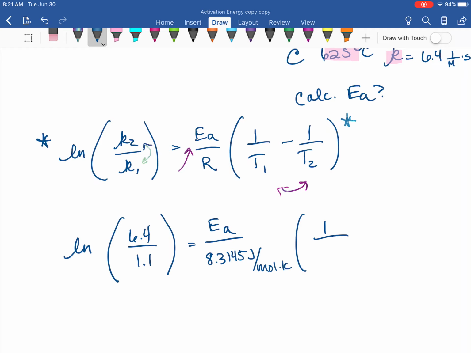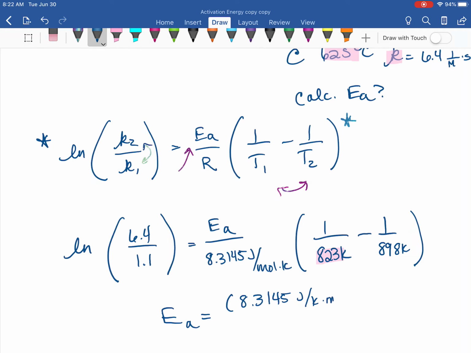Okay, no, wait a second. Can I just put 550? No. You have to convert to Kelvin. Remember, we had to do that in our data set. Okay. Holy cow. All right, let's rearrange all of this for our activation energy. Bust out your calculator and let's see if we're matching.